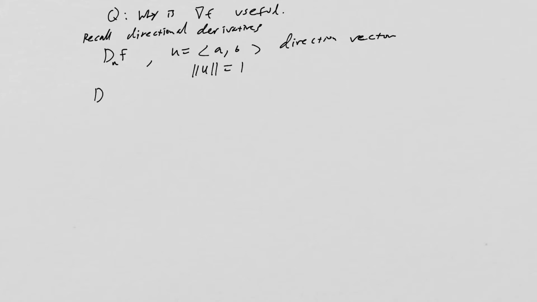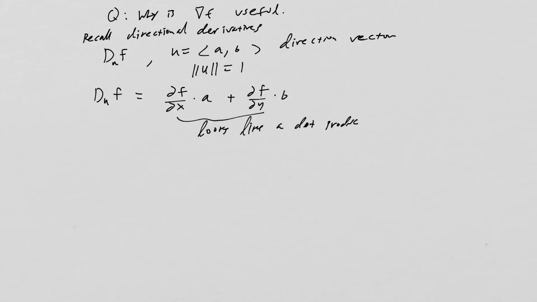We know that D_u f can be written as the partial of f with respect to x times a, plus the partial derivative of f with respect to y times b. If we look at this, it looks like a dot product. So now we actually have a new way of writing this.